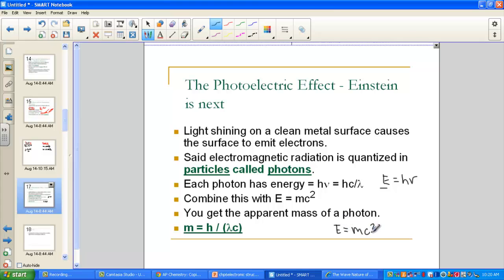E is the energy, m is mass, and c is the speed of light squared. So he was able to manipulate his known equation with Planck's equation and was able to deduce the mass of a photon. The mass of a single photon can be calculated by using Planck's constant set over the product of wavelength times the speed of light.